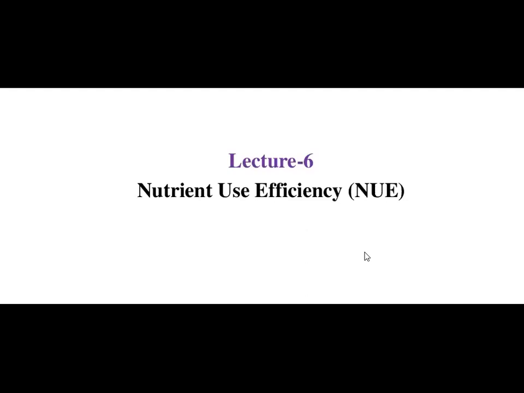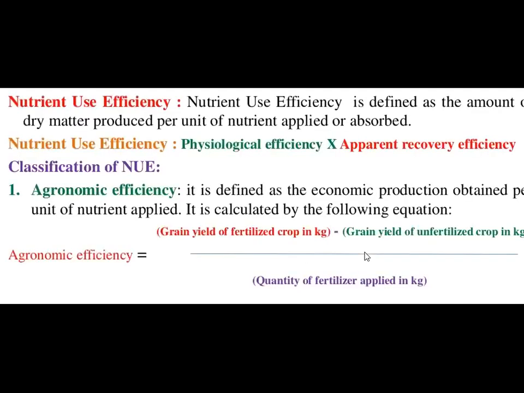And what is nutrient use efficiency? The nutrients available in the soil after application of nutrients are utilized in crops, that is called nutrient use efficiency. Then we know about the definition of nutrient use efficiency. Let's study.